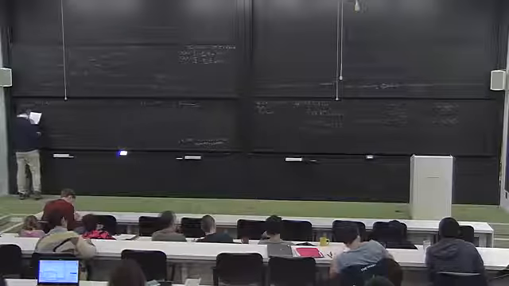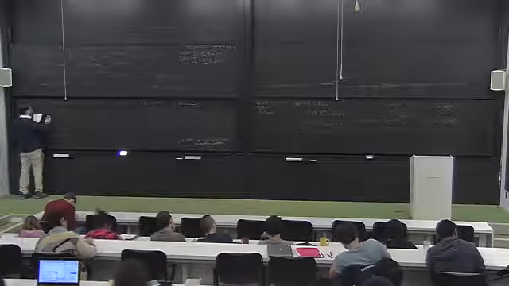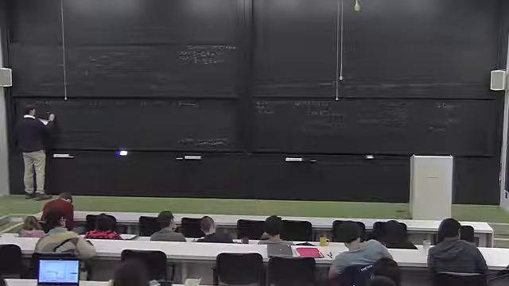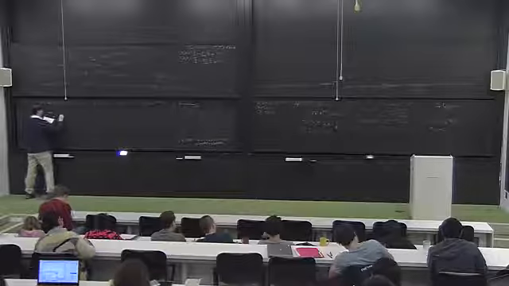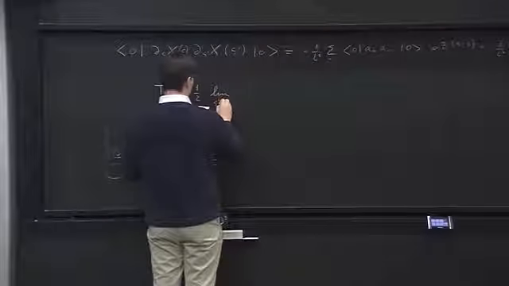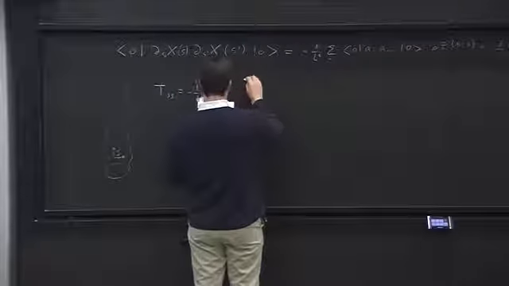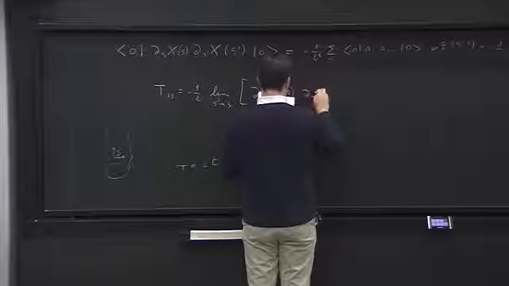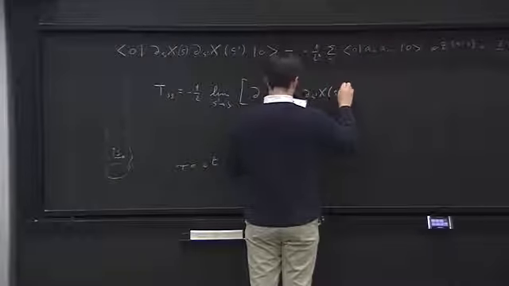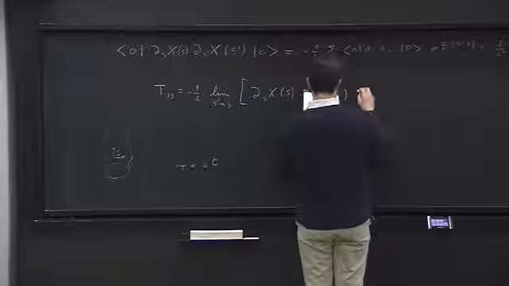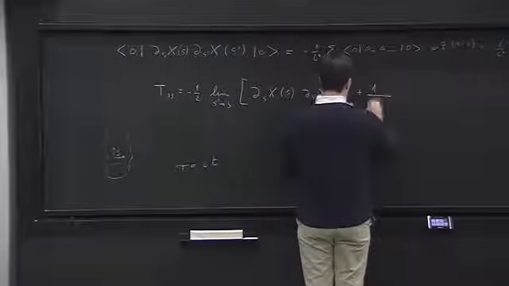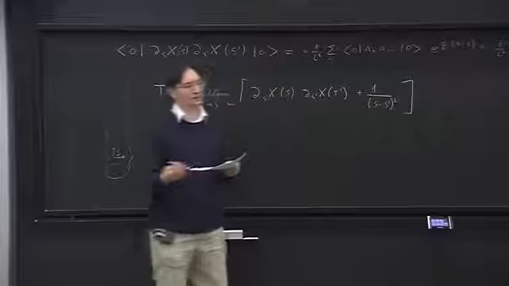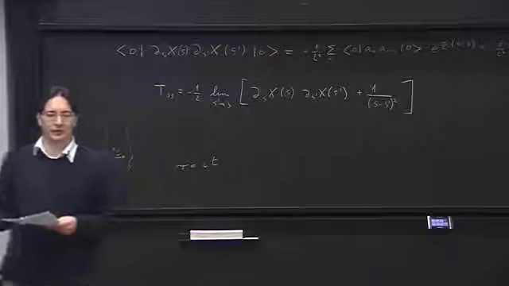So a reasonable definition on the cylinder or on any surface really is to just subtract the local divergence.